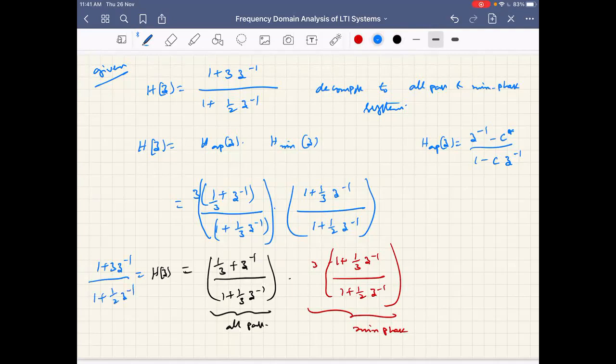What is the benefit of this decomposition? This is a non-minimum phase system, but it has the same magnitude response as H minimum phase. Both of these have the same magnitude response.